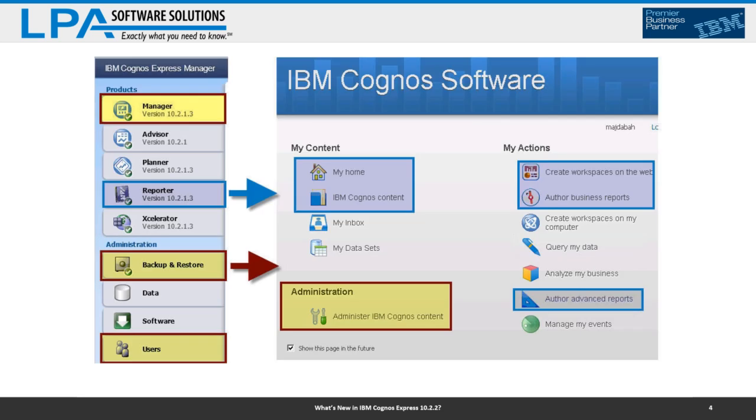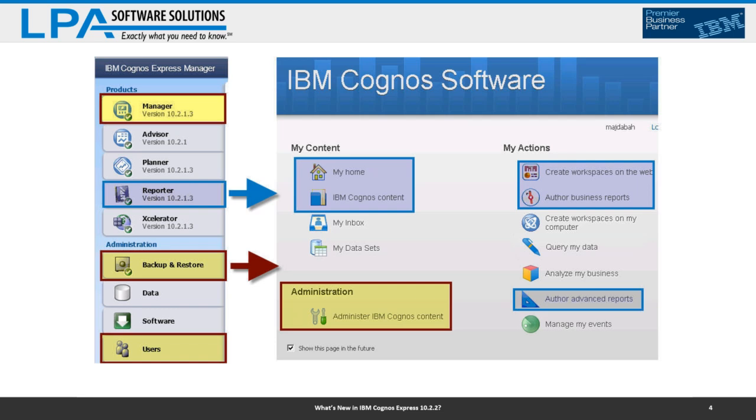Now, in terms of mapping, what we show here is a couple of slides that show things that you used to be able to do through the Express Manager tool and where they fall in the enterprise tools. So first here we'll talk about the Reporter stack. The Reporter stack had some administration features like the Manager tool, Backup and Restore, and the Users tool. Now, Users does not have an analog in Enterprise BI.